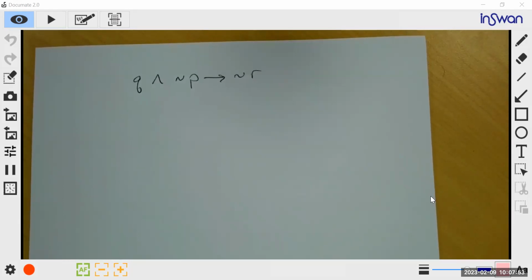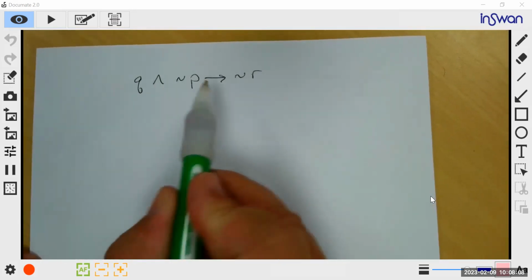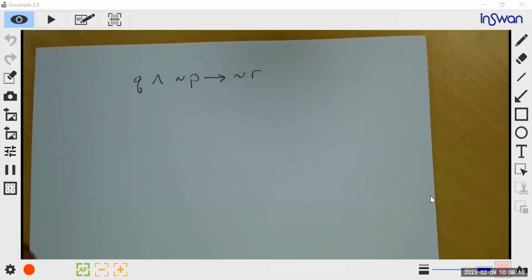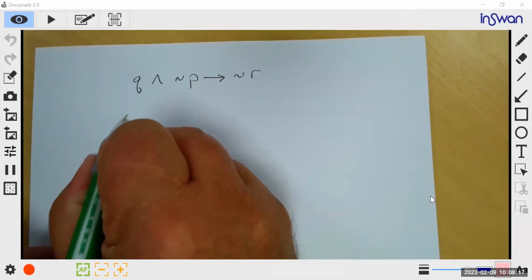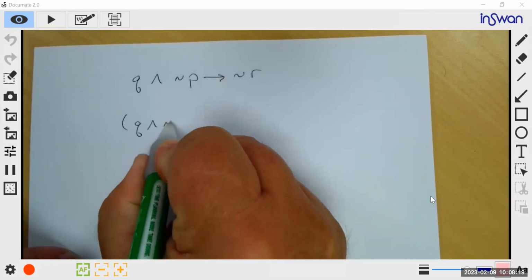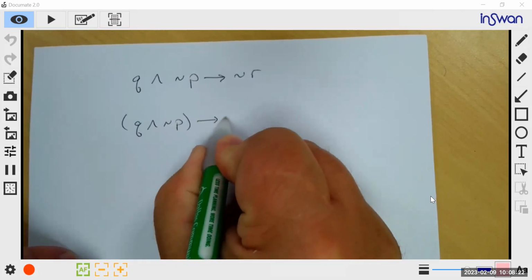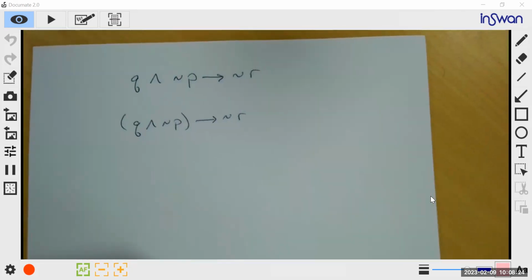Where do you start? Yeah, in other words, there is a hierarchy of what's more important. Is the and statement more important, or is the if then statement more important? And we'll go through the rules in a second, because we know that if we had parentheses, we can do that.